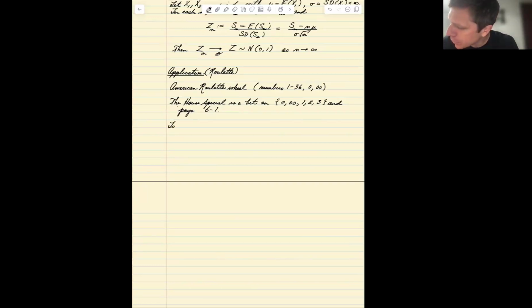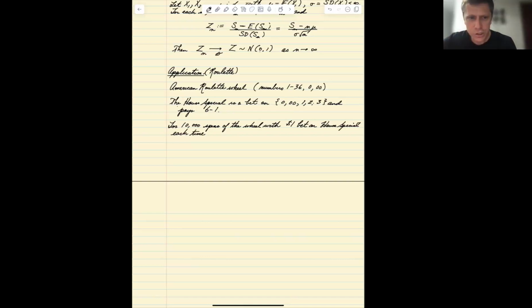Let's assume that we spin the wheel 10,000 times, with a $1 bet each time. What is the house's, meaning the casino's, expected gain?